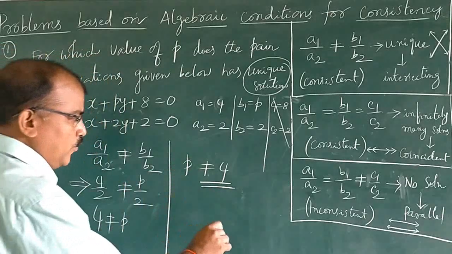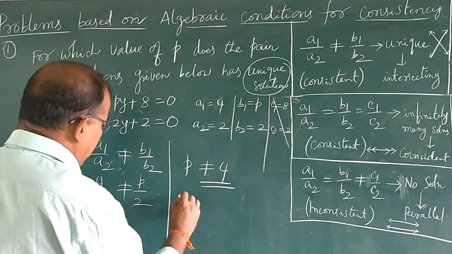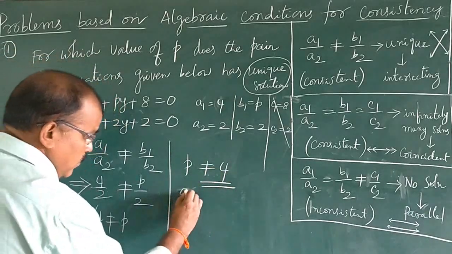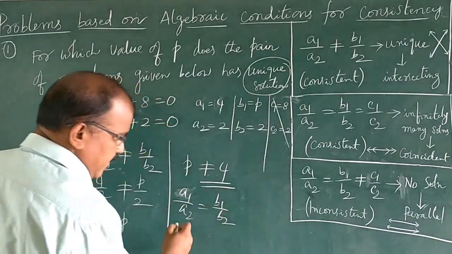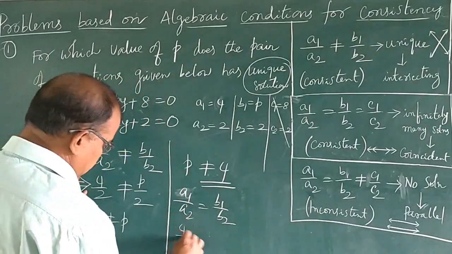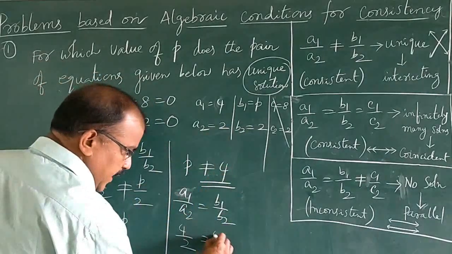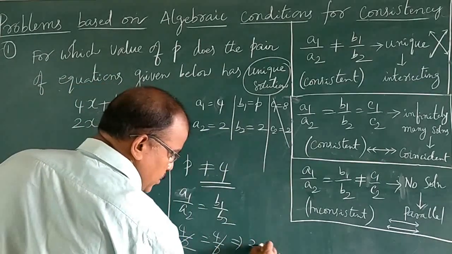Suppose p is equal to 4, suppose a1 by a2 is equal to b1 by b2. So what is a1 by a2? 4 by 2 is equal to p by 2, no? Suppose I keep p as 4, 4 by 2, then automatically this will be 2 is equal to 2.